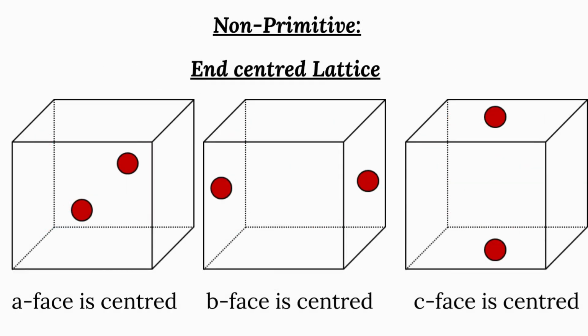That is called end center. There are three different varieties like A face centered, B face centered or C face centered, depending on which face the points are located.